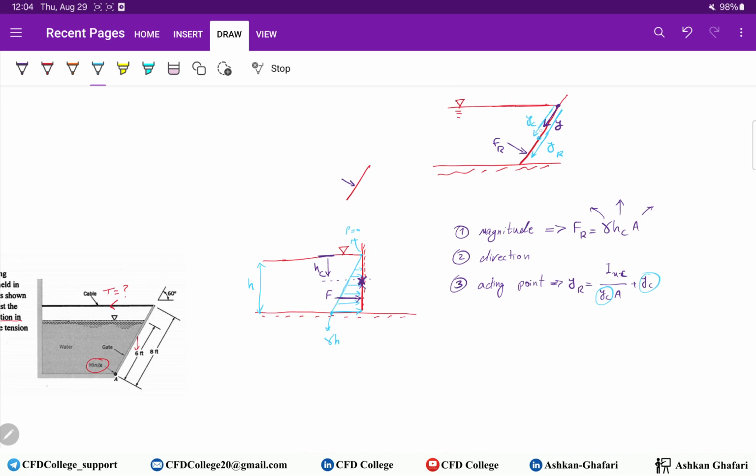So you need to know y_C to use it in this formula and find y_R. These formulas are true for any type of gate, whether rectangular or circular. And what is this? Oh, sorry, h_C. This is h_C.